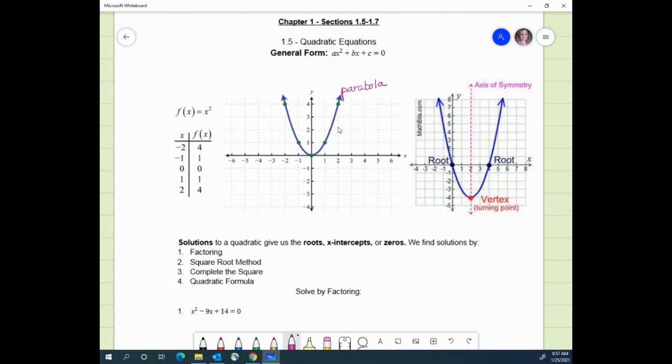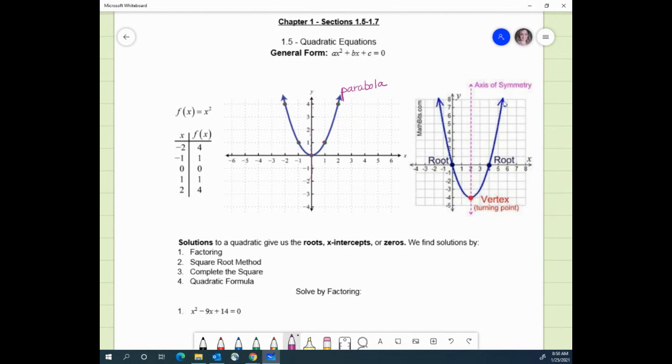You don't really have to remember that, but when we have this point here on the origin, this is called the parent function. Notice it's symmetric with the y-axis, meaning if I folded it along this y-axis, it would lay exactly on top of itself. So this point right here would lay on top of this point, would lay on top of this point.